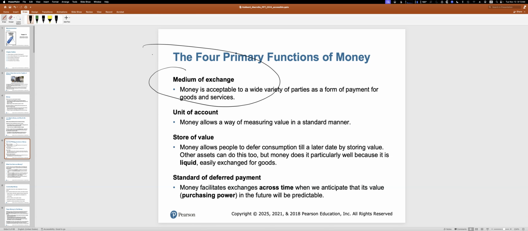There's other reasons why. I think this is a good example to go with. Why I think the dollar fulfills the function of money, which I think it does, and why I don't think that, let's say, Bitcoin fulfills these conditions. Is the US dollar acceptable to a wide variety of parties? Yes.